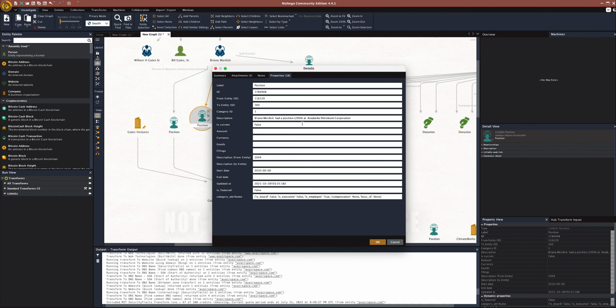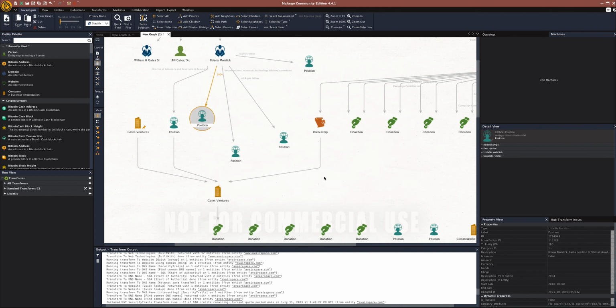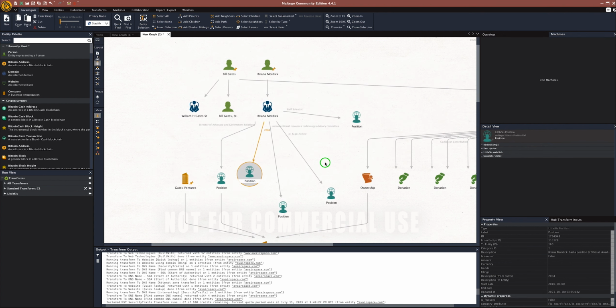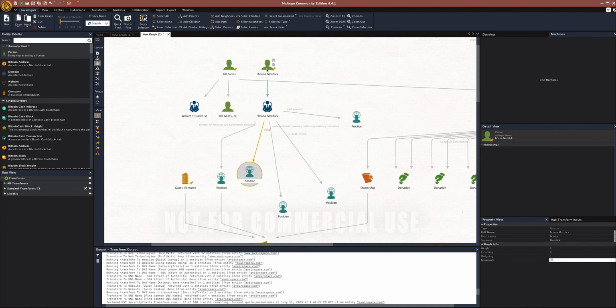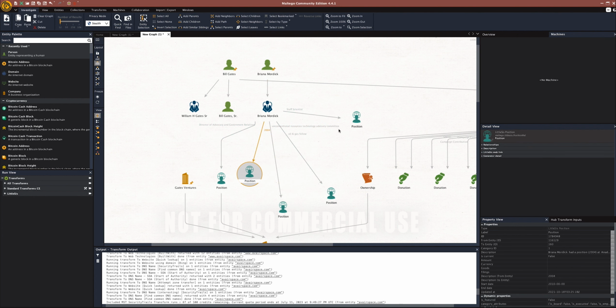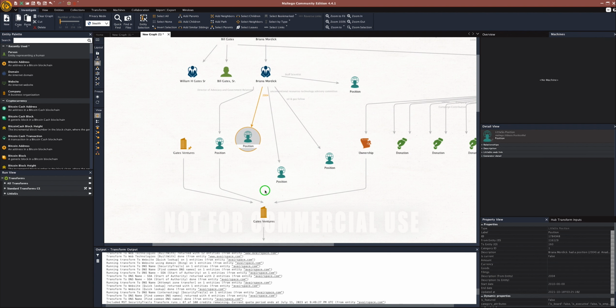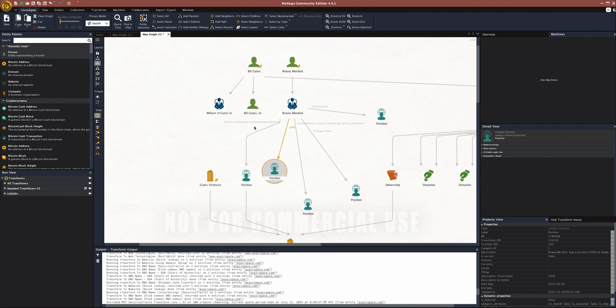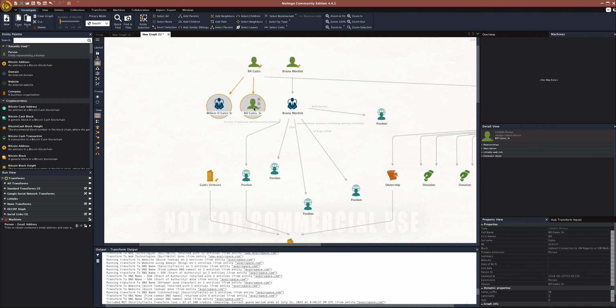Oh, I see. There's a petroleum company here. See how much we can see. We could write a whole Tom Clancy novel with this. So now you have this guy Brian, and he's connected to the Gates Ventures, right? You have this other guy. Well, we're going to ignore these people. Let's delete these. These are not relevant.